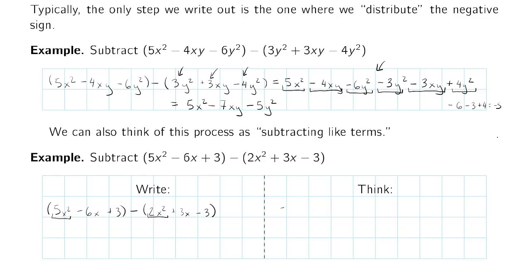So I'm thinking 5x squared minus 2x squared. 5 minus 2 is 3, so I have 3x squared.